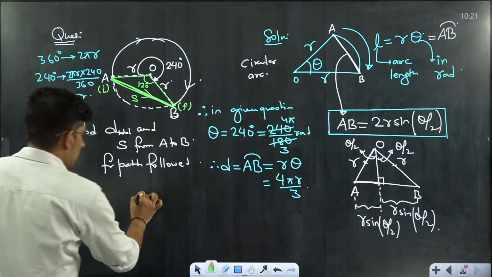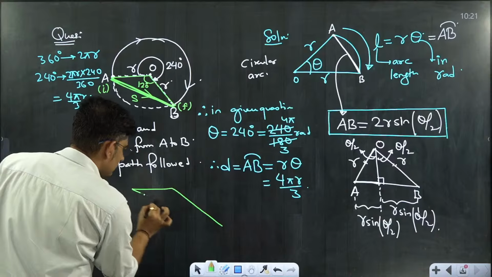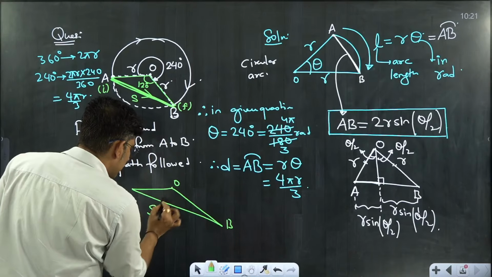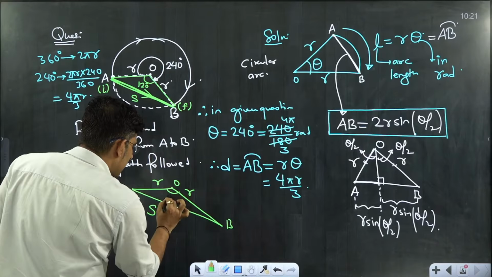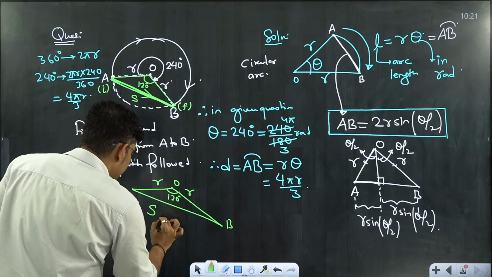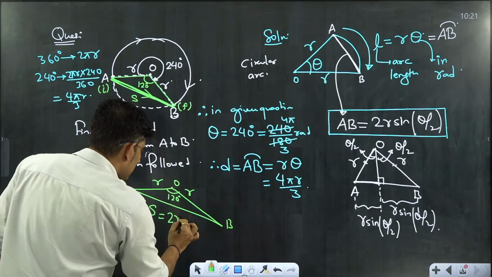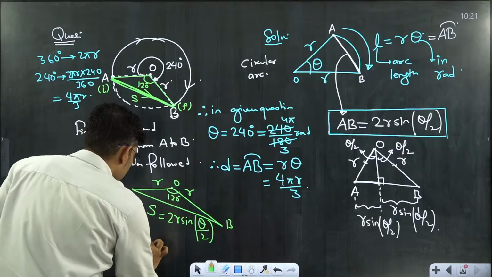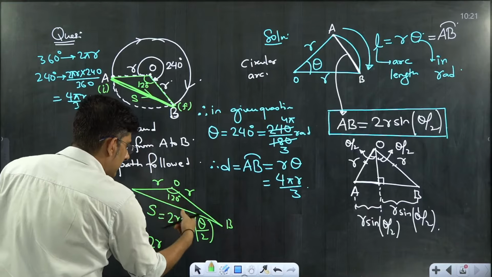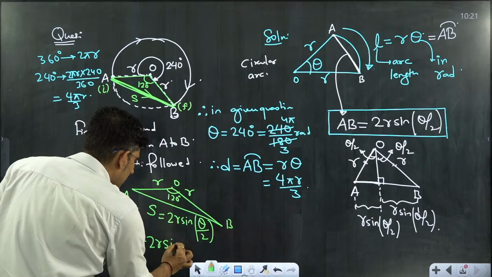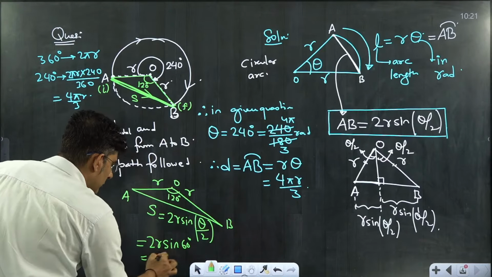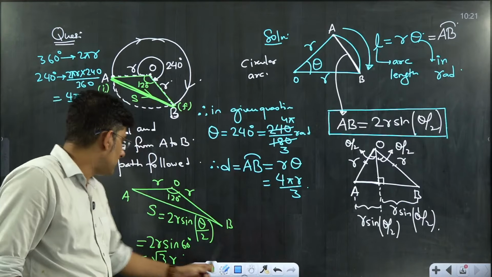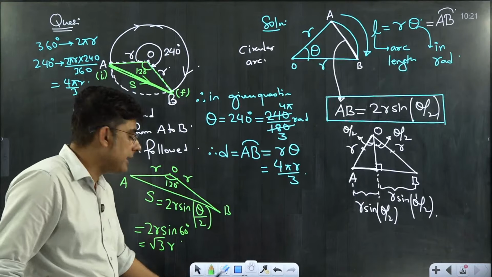So from here, if I want to find displacement, this is O, A and B. This is the displacement, r, theta is 120. I said displacement can be written as 2r sine theta by 2. So 2r, theta is 120, so sine 60. So 2r sine 60, and sine 60 is root 3 by 2. So you will get root 3 r. So displacement is root 3 r and distance covered is 4 pi r by 3.